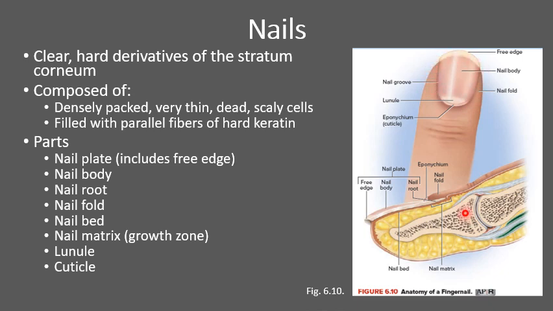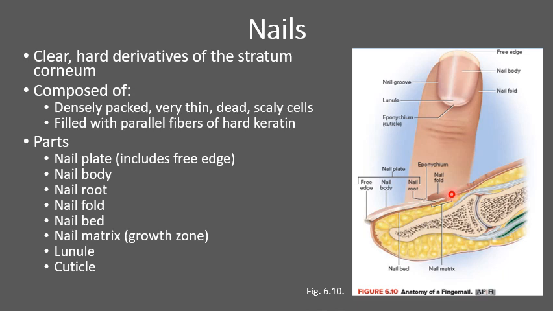Then we have the nail root, which you can see over here. That's the part of the nail that extends underneath the flap of skin. That flap of skin is called your nail fold. And then we have a nail bed, which is the surface on which the nail grows. You also have a nail matrix, which is the part of the nail that extends under the nail fold.